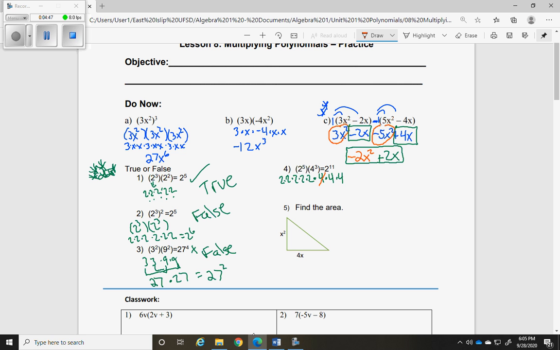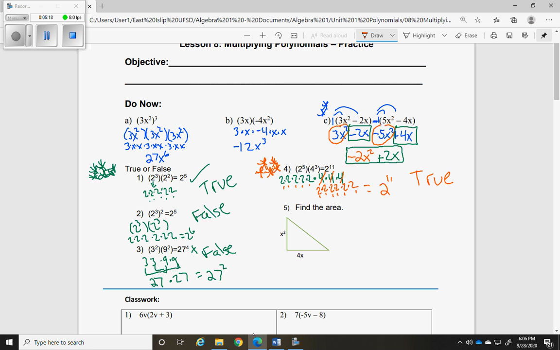This 4, if I cross it out, I could write it as 2 times 2. I can change a 4 to something with a base of 2. So this one can also be a 2 times 2. And this one can also be a 2 times 2. So now I have 1, 2, 3, 4, 5, 6, 7, 8, 9, 10, 11. 2 is being used as a factor 11 times. This is true. That's an important question for you to know how to do for your test.